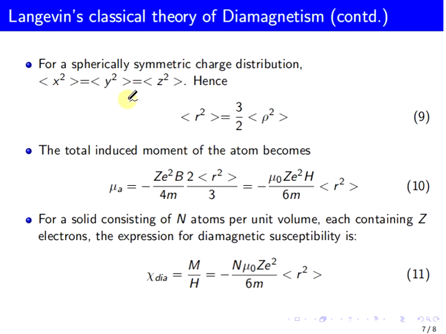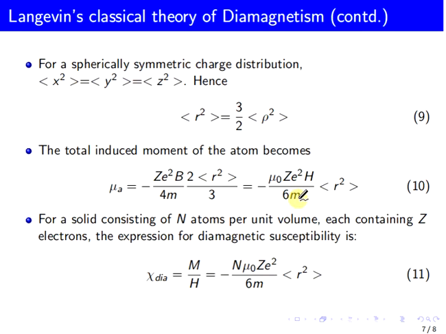Now the total induced magnetic moment will be equal to Z e squared B by 4m into 2 by 3 expectation value of r squared, which is equal to minus mu 0 Z e squared H by 6m into r squared.